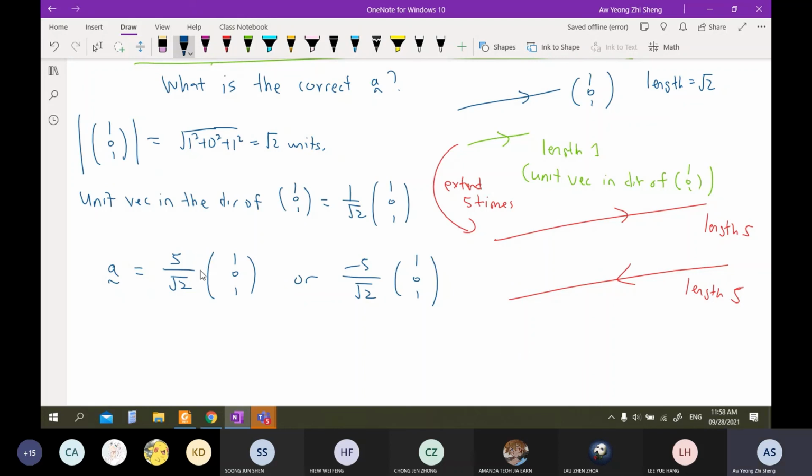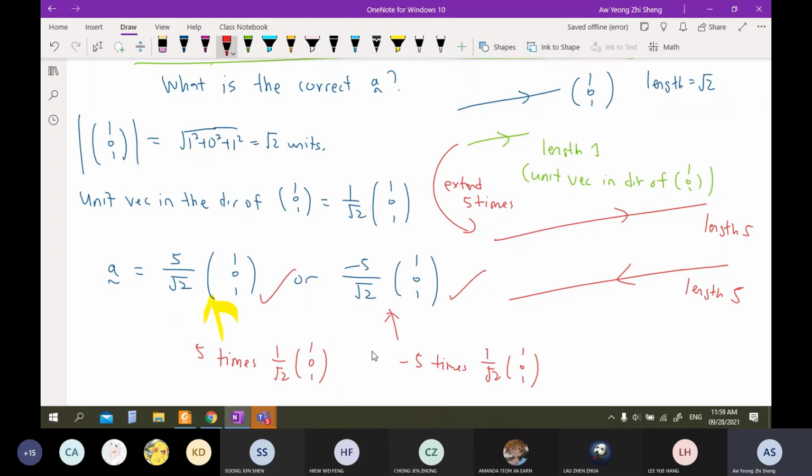Where this one is just 5 times 1 over square root 2 times 1, 0, 1, and this one is just minus 5 times 1 over square root 2 times 1, 0, 1. So you can get the 2 red color vectors. Yeah, so these are the 2 answers, the 2 correct values of the vector A.